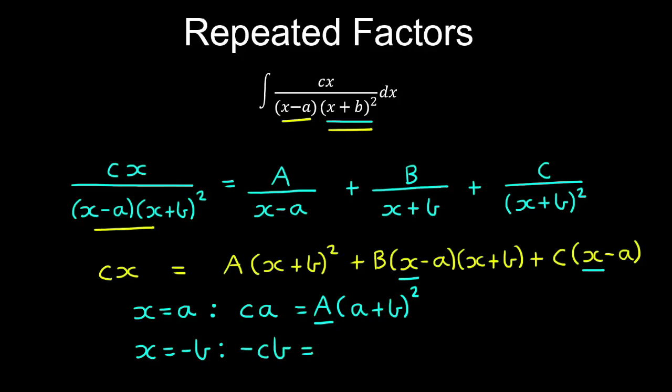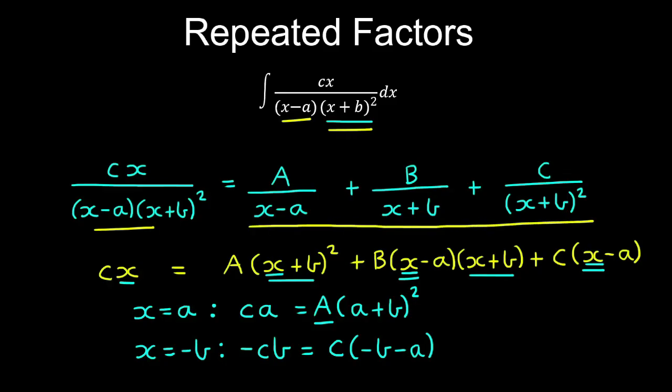And on the right hand side, this term disappears, this term disappears. So what we get is c by minus b minus a. And then we can solve for c. And then you can equate the coefficients of x and obtain b. And once we find those constants, this sum is much easier to integrate than this rational polynomial function over here.